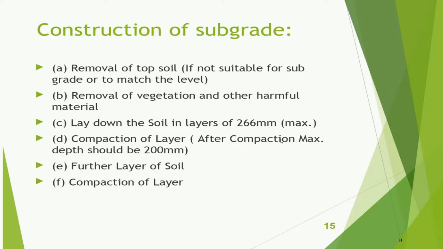Subgrade is also very important at the point of construction of the flexible pavement. If the subgrade is constructed properly, then we can reduce the various failures in the flexible pavement.